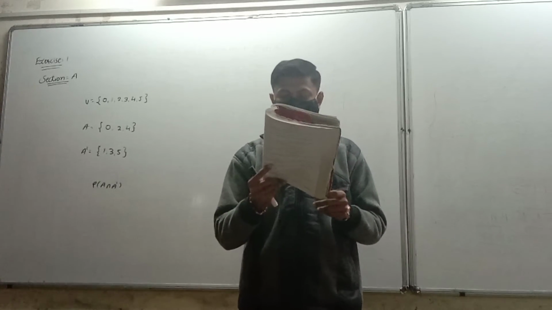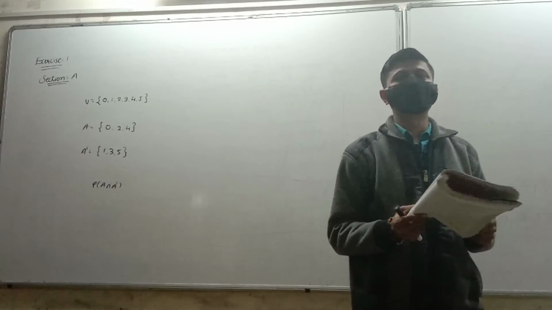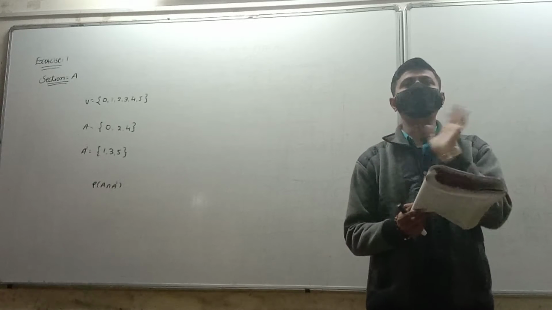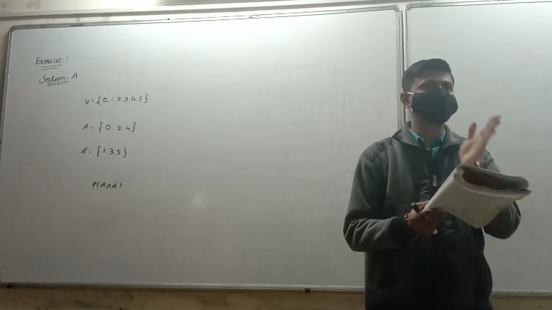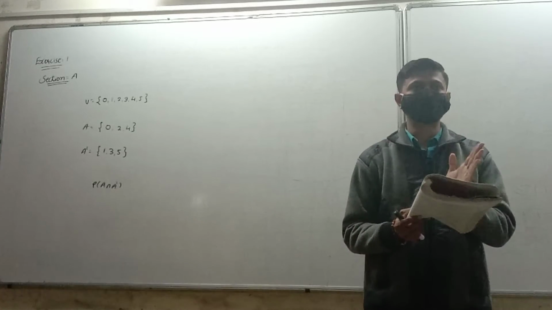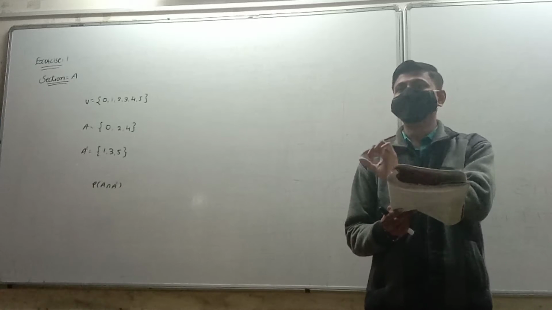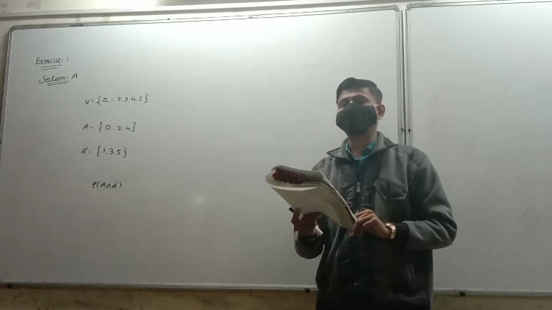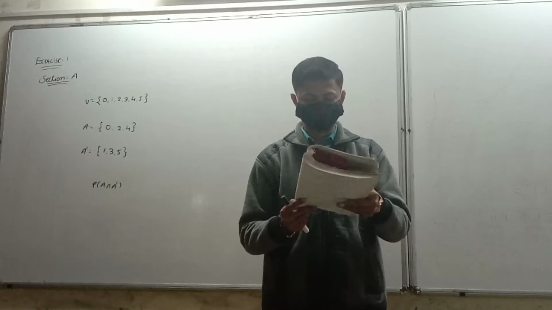Third, 0 less than or equal to P of A less than or equal to 1, yes it is possible. कोई भी इवेंट है उसका आंसर 0 to 1 between both the interval, both limits are involved, 0 भी आंसर आ सकता है, 1 भी आ सकता है, दोनों के बीच का कोई भी आंसर, यानी कि 0 to 1 between. 0 less than or equal to P of A less than or equal to 1, and last, P of A greater than 1 is not possible. Option C is the correct answer.